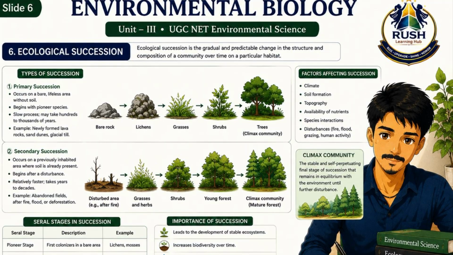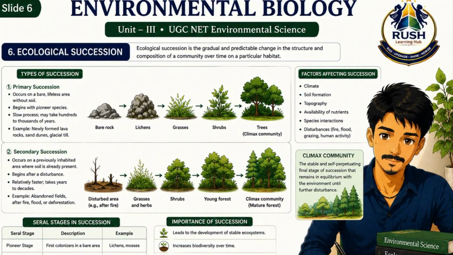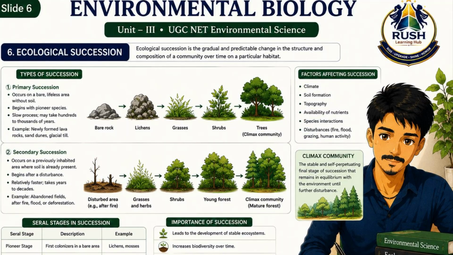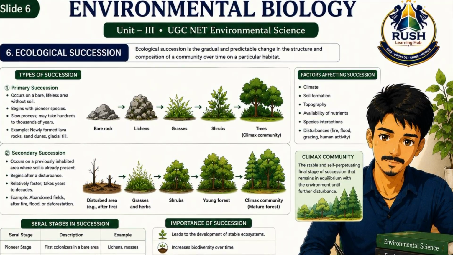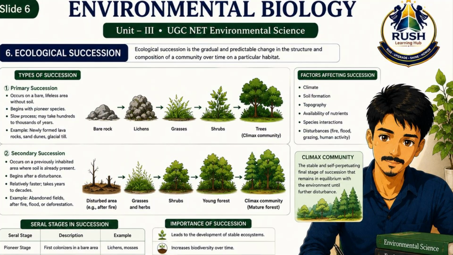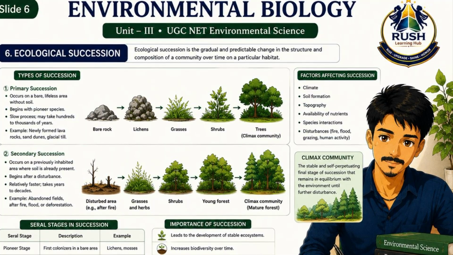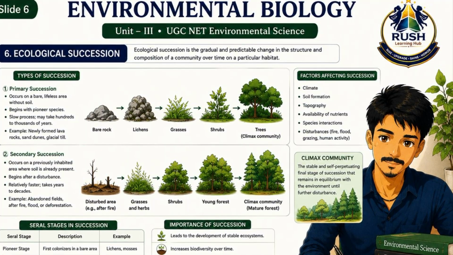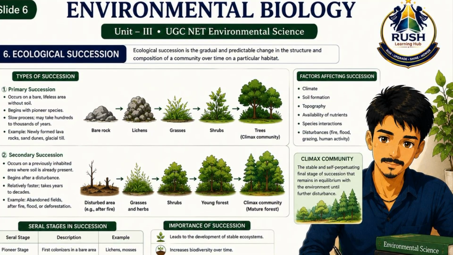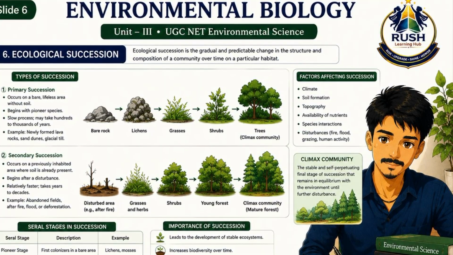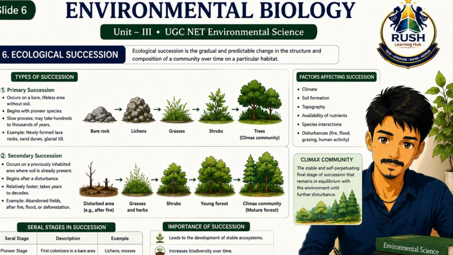The process of succession involves a series of stages known as seral stages. The first stage is the pioneer stage, where hardy species such as lichens and mosses colonize the habitat. This is followed by intermediate stages, characterized by the establishment of grasses, herbs, shrubs, and young trees.